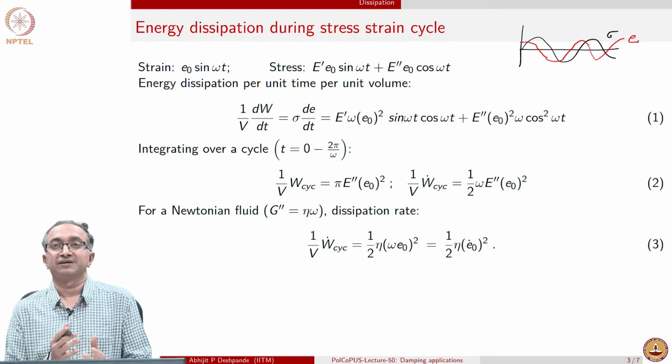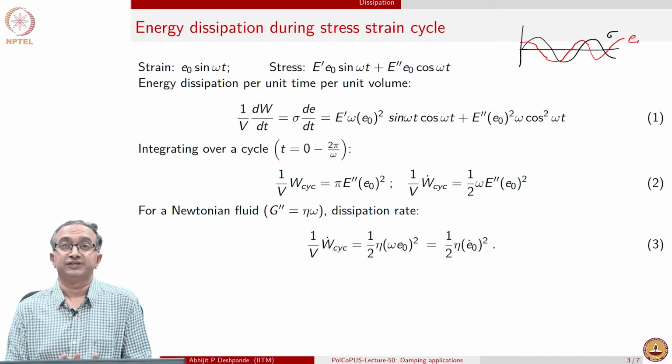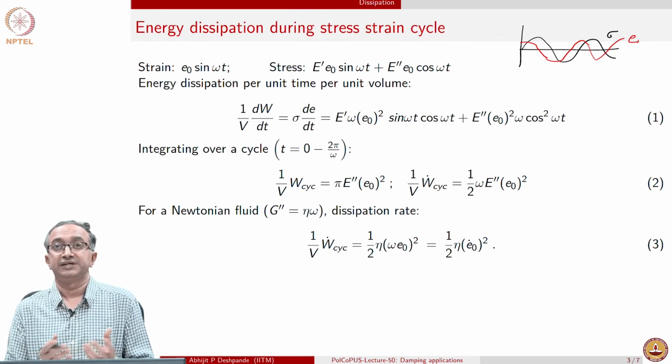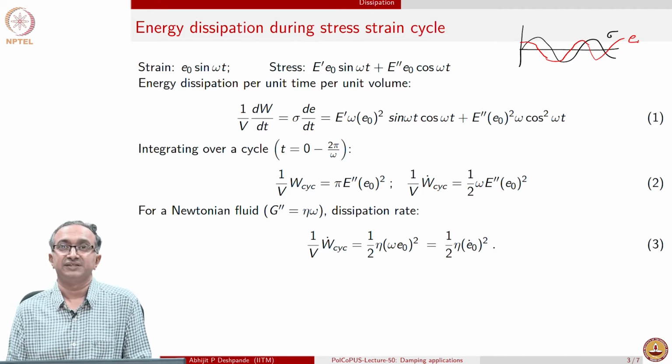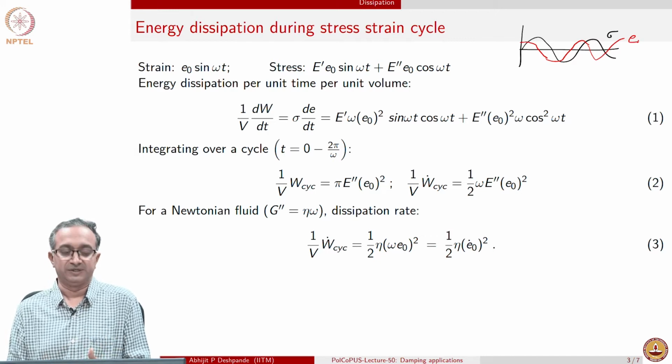Depending on the relative variations of stress and strain, we can get the loss modulus, storage modulus, or viscosity, which is eta prime and eta double prime. So, several in phase and out of phase quantities can be defined, which give an idea about energy dissipation and energy storage in the material.